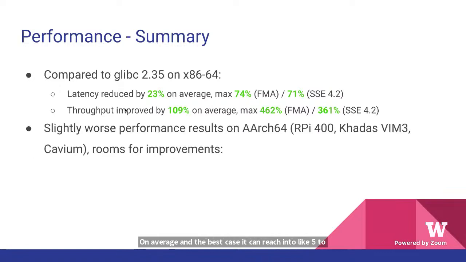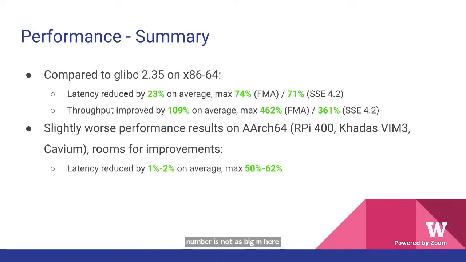We also helped Paul to port the performance test bench to ARM64, and we run them on various ARM64 devices, from low power like Raspberry Pi 3 to the Cavium machine, which is a high performance ARM CPU, and we got similar improvement, but the numbers are not as big in here, so there is room for improvement.